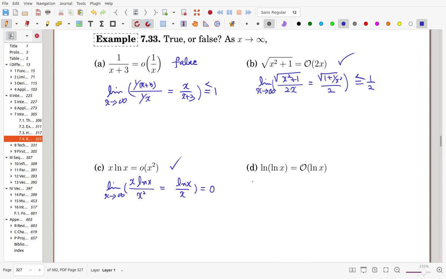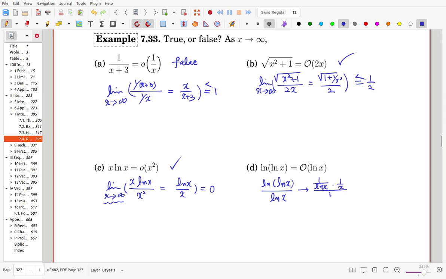Now, how about this one? We'll ignore that portion and try to write down only the fraction: logarithm of logarithm of x divided by logarithm of x. As x approaches infinity, the top and bottom approach infinity. So by using L'Hopital's rule, the derivative of the top is 1 over logarithm x times 1 over x.